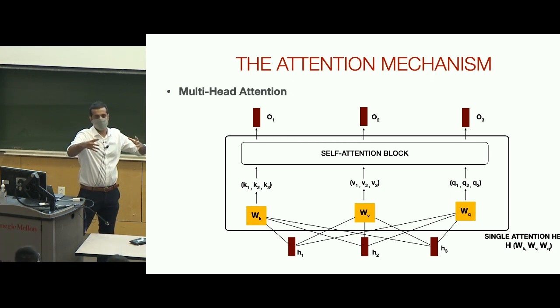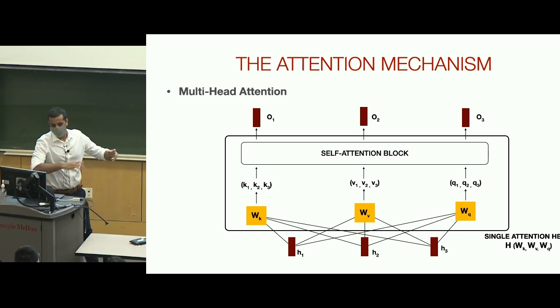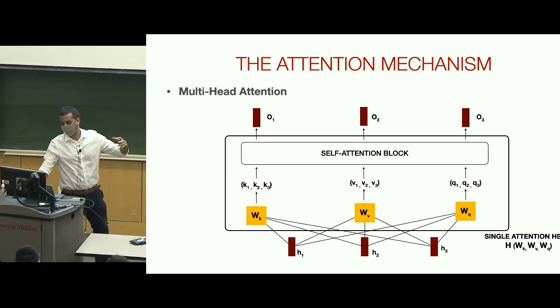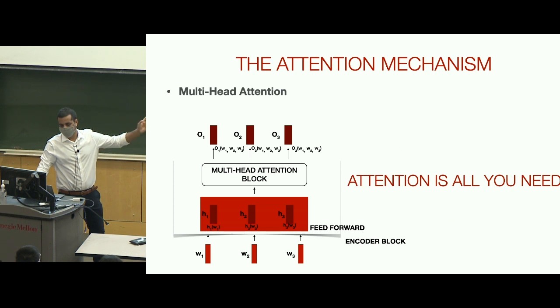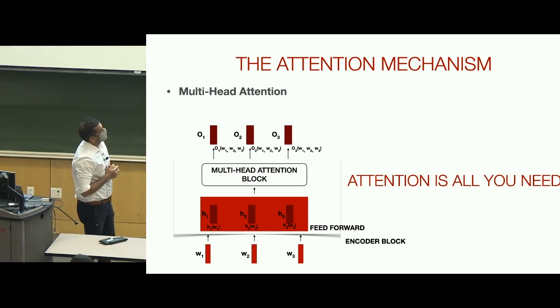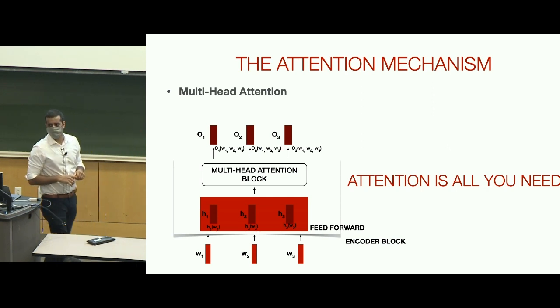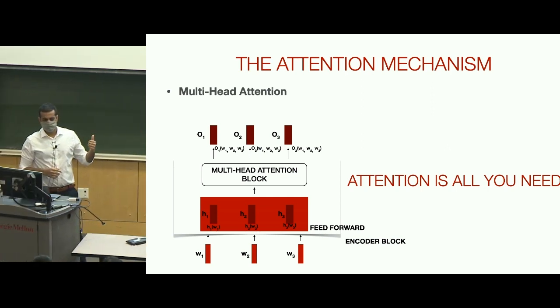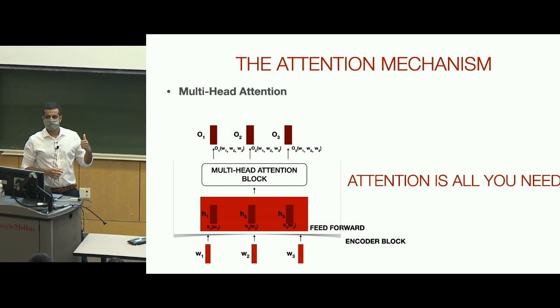So this is how they build things up from attention to self-attention to a single attention head to multi-head attention. And this is what I'll just represent by this block there, the multi-head attention block. So this is actually the encoder block of the transformer. Does that make sense? Any questions?